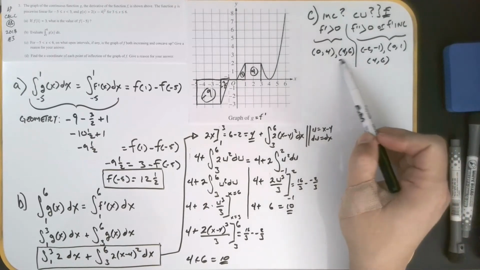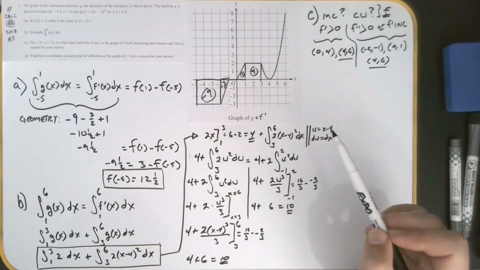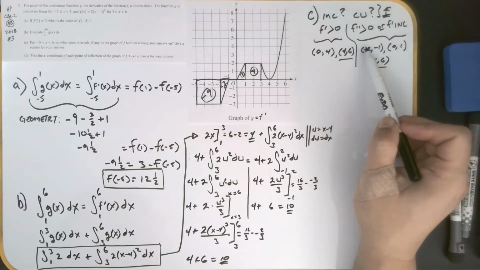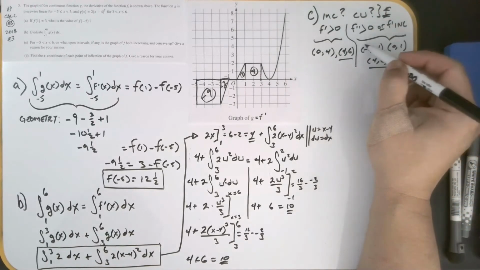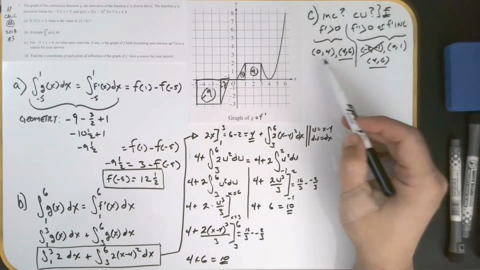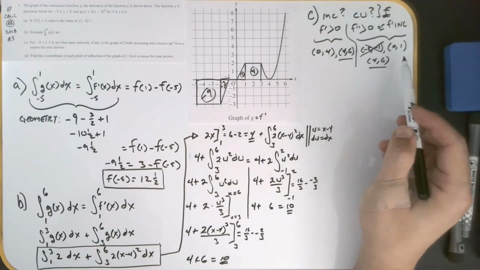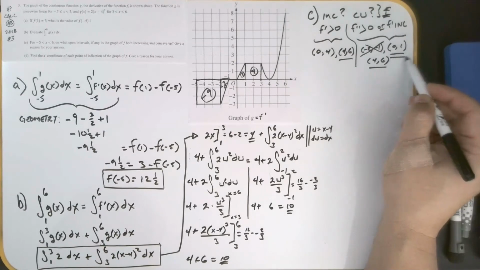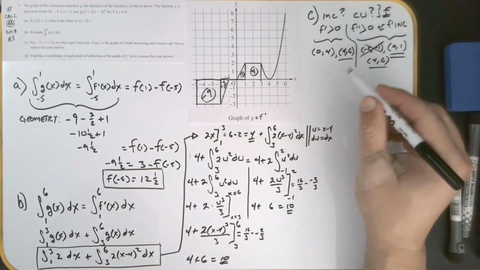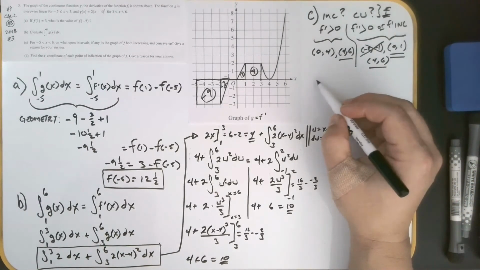Well, they definitely both have 4 to 6. That's happening. And it looks like this never occurs over here, so it's definitely not this one. And then between 0 to 4 and 0 to 1, they have 0 to 1 in common. So it would actually be this one as well. And so where is it both increasing and concave up?